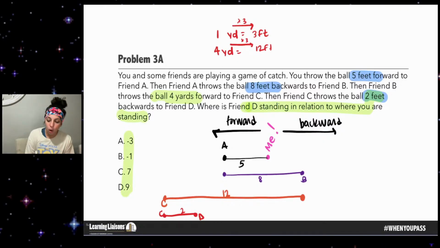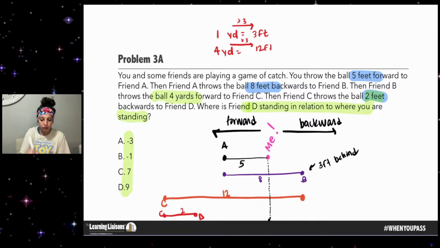All right, so I threw it to A 5 feet forward. Friend A threw it 8 feet backward, which means that friend B is only 3 feet behind me, because A threw it 8 feet, but I'm right here, right? This is where I am right here. And then B threw it 4 yards or 12 feet forward. And then C threw it 2 feet back. Well, where is C in relation to me?